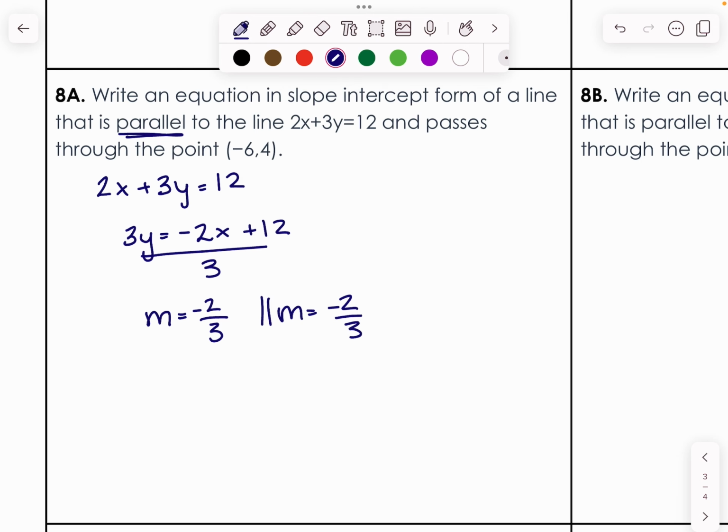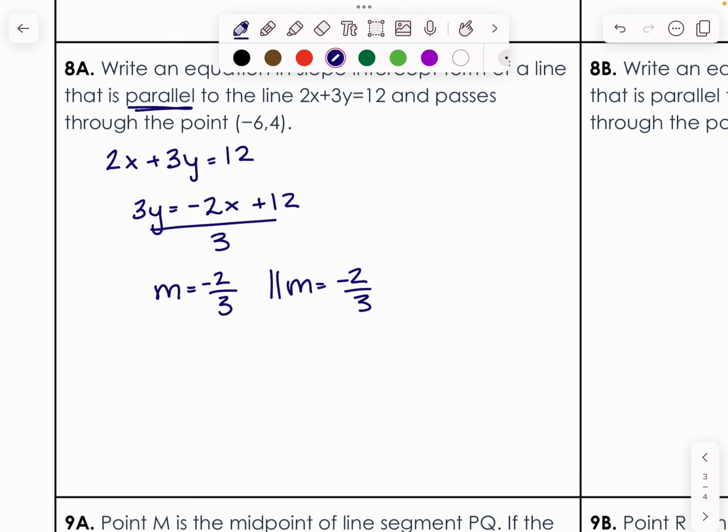And if I want it to go through a certain point, I have to use point slope. So that's going to be y minus y1, which is 4, equals m, my slope that I just found, times x minus x1, which is -6. So it becomes +6. Okay, so then what I have to do is distribute the -2/3.